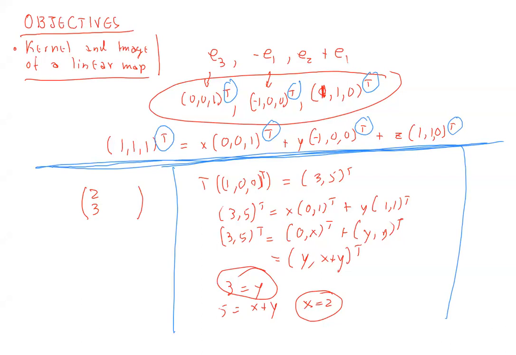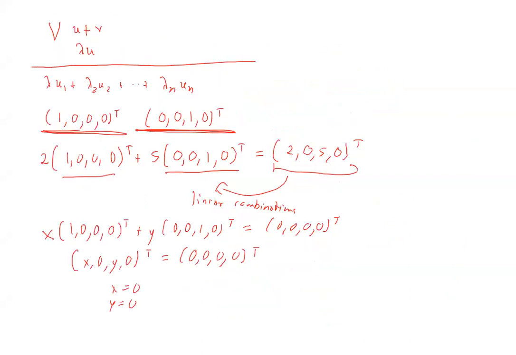So let me go back to my recap. So this is what linear dependence or independence is about. And if you happen to have vectors that generate a space and are linearly independent, we call them a basis. So basis means two things: linearly independent and generating the space.